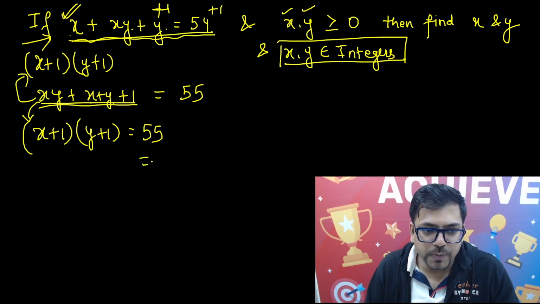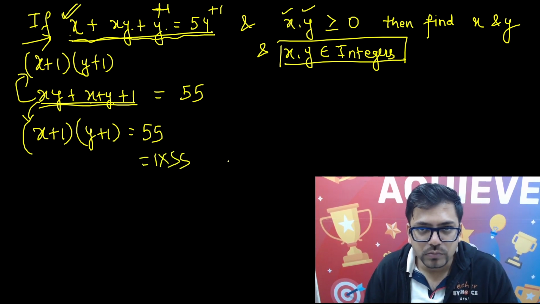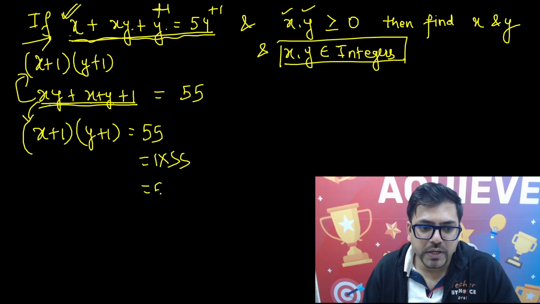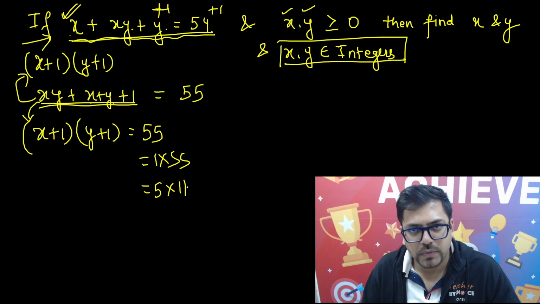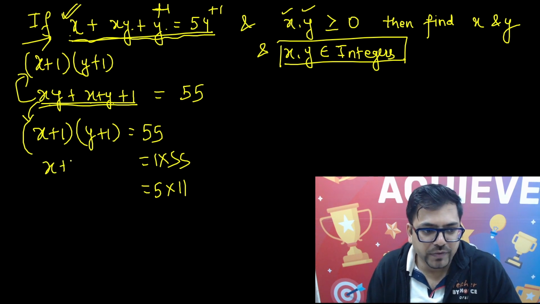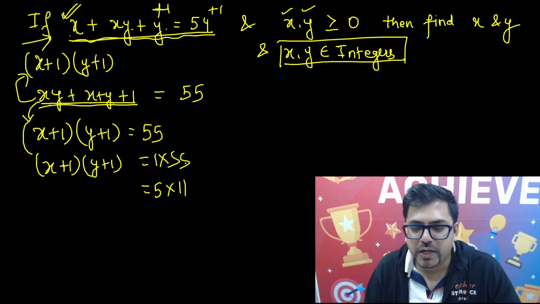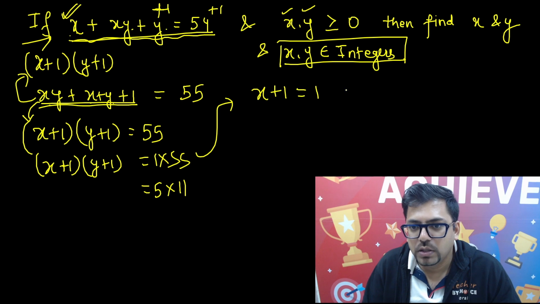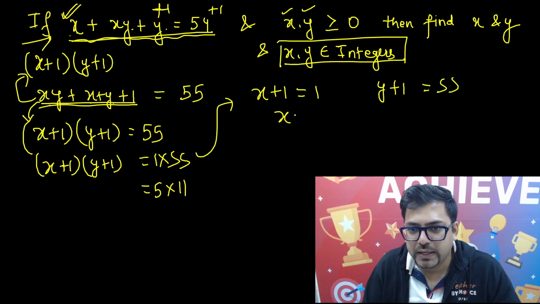There is a first possibility, 1 into 55. Obviously 55 into 1 can also be there, no issues. There is another possibility that it can be written as 5 into 11. So let's go with the first possibility first. x plus 1 into y plus 1 is going to give me 1 into 55. So from here, I can say that x plus 1 is going to be 1 and y plus 1 is going to be 55. So from here, I can get x equals 0 and y equals 54.